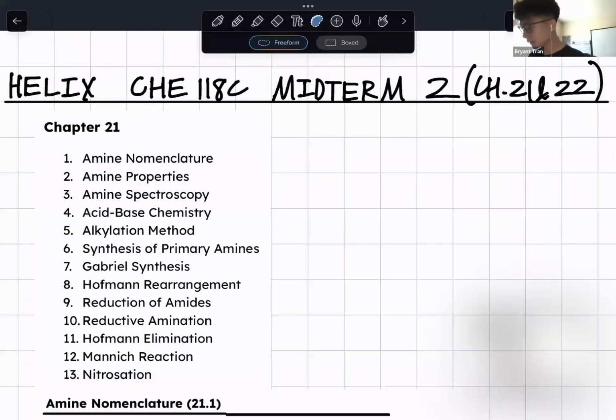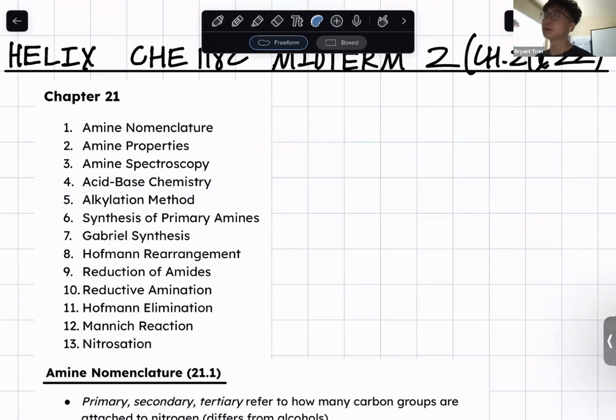So for midterm 2, it's all about chapter 21 and chapter 22. Chapter 21 is all about the amines. Chapter 22 is about the phenols, like the benzenes with the alcohols on them.